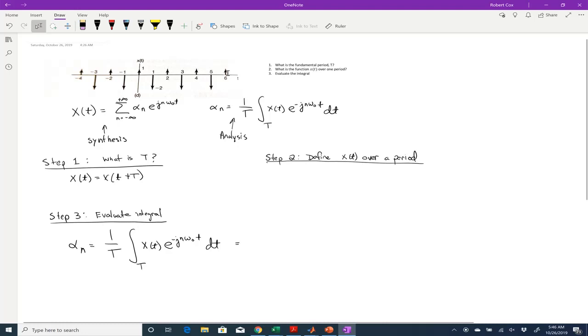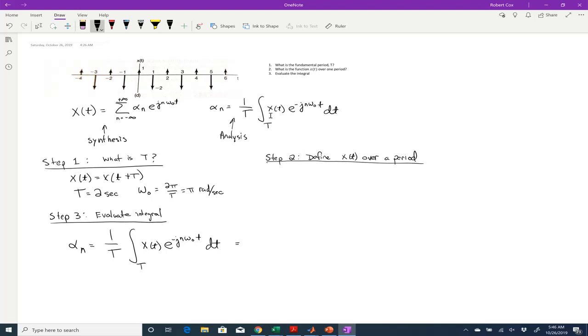At t equal to 6, another impulse of area 1. So it looks like my period is T equal to 2 seconds. So omega naught is 2 pi over T, or pi radians per second. All right, so I've got my fundamental period.